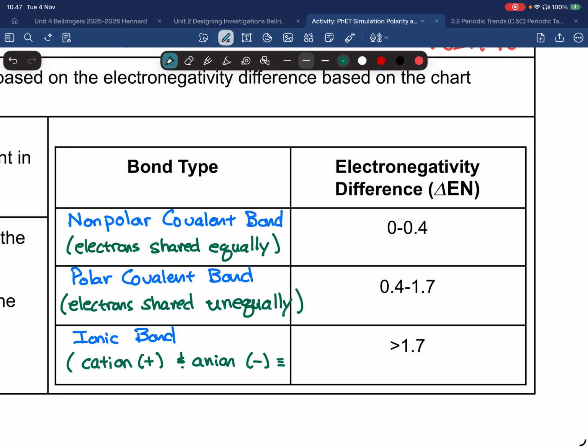That's because one element loses electrons, it could be more than one, and one element gains. The one that gains ends up being negatively charged, and the one that loses ends up being positively charged.